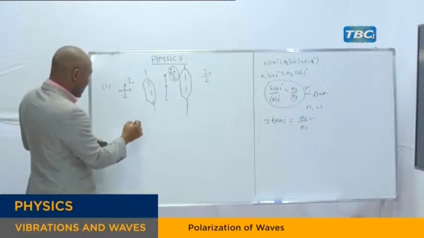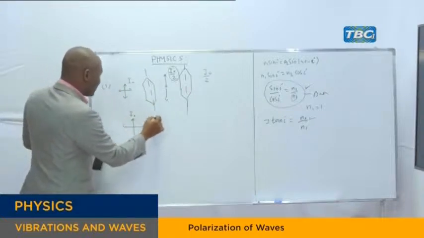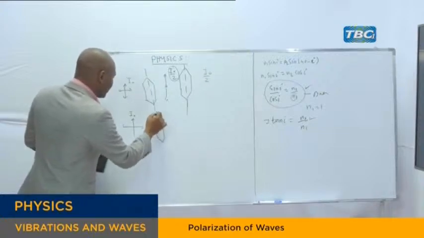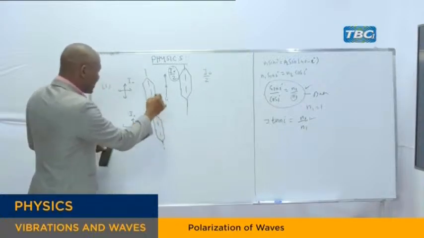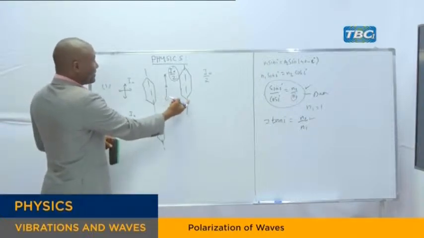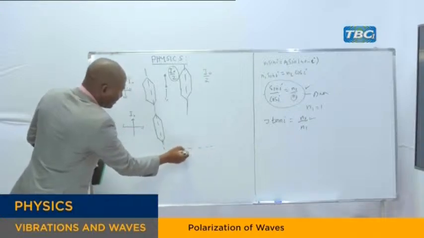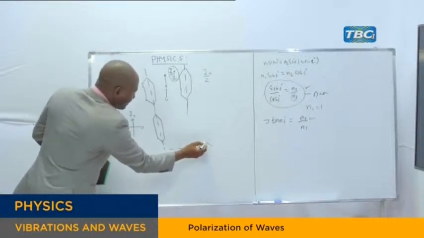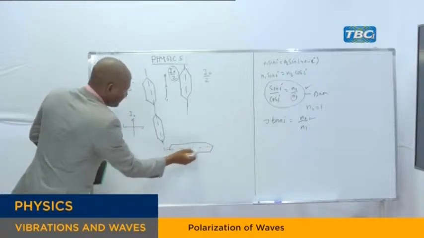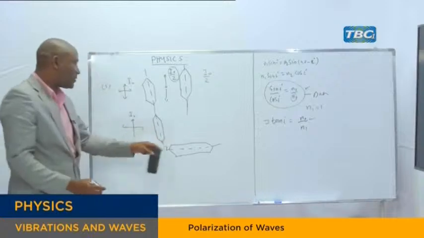In case 2, we had the same unpolarized light falling on the first polaroid, whose axis is vertical. When the second polaroid is rotated until the two axes are at right angles, we say they are crossed.